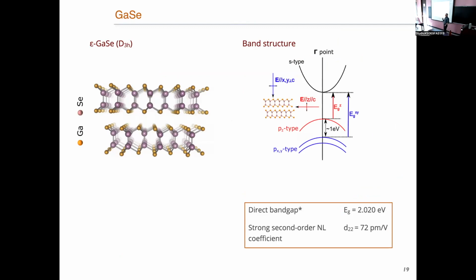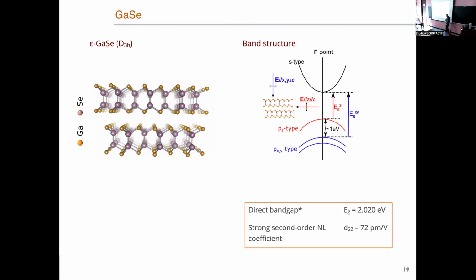The two interesting aspects worth mentioning are that it has a direct band gap, about 2 electron volts in the bulk form, and the dipole orientation that corresponds to the lowest band gap in this material is out of plane. So if you have your sheet of gallium selenide, the emission dipole is in this direction. For most other 2D materials, it's in plane.